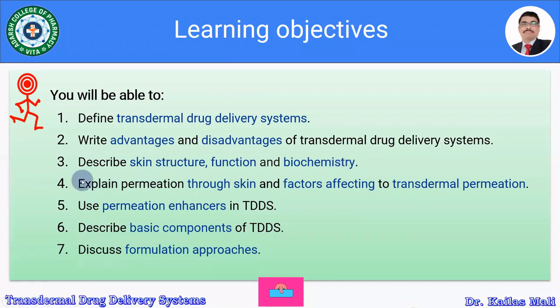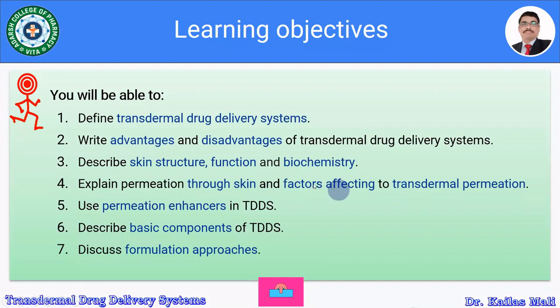The fourth objective is related with the permeation through skin and the various factors affecting transdermal permeation. That is, you will be able to explain permeation through skin and factors affecting transdermal permeation.